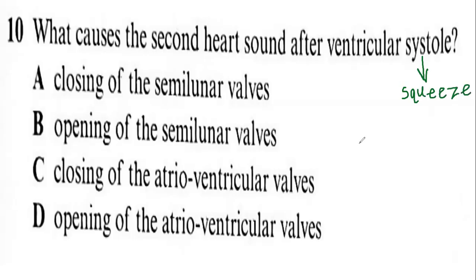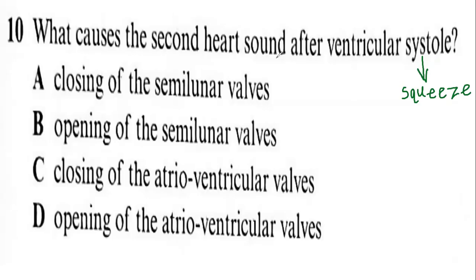Yeah. So what causes the second heart sound after ventricular systole? A, closing of the semilunar valves, B, opening of the semilunar valves, C, closing of the atrioventricular valves, D, opening of the atrioventricular valves. Anyone?